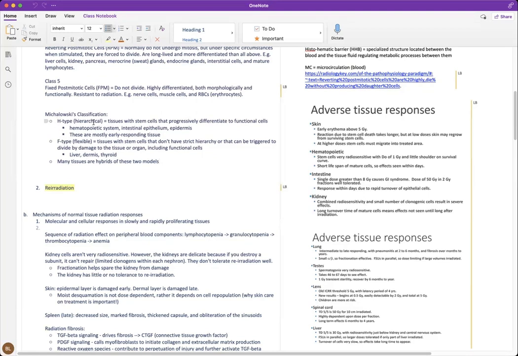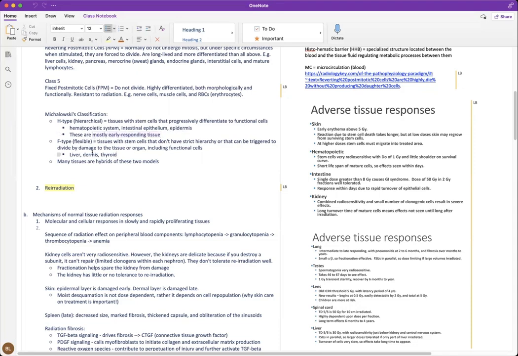And so H-type are hierarchical. These are stem cells that progressively differentiate to functional cells. Includes the hematopoietic system, intestinal epithelium, epidermis. These tend to mostly be early responding tissues.